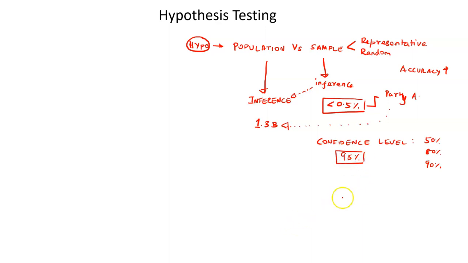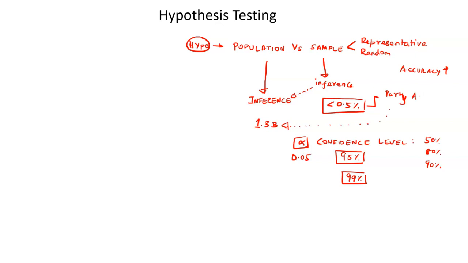If you are in healthcare, what level of confidence do you want? I want a confidence of 99%. In statistical terms, the confidence level is referred to through the alpha value. We say that this is 0.05 and so on.